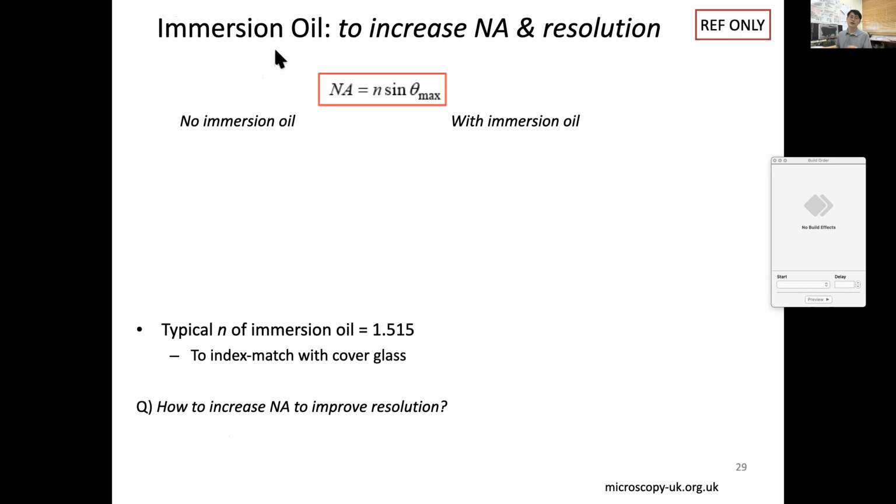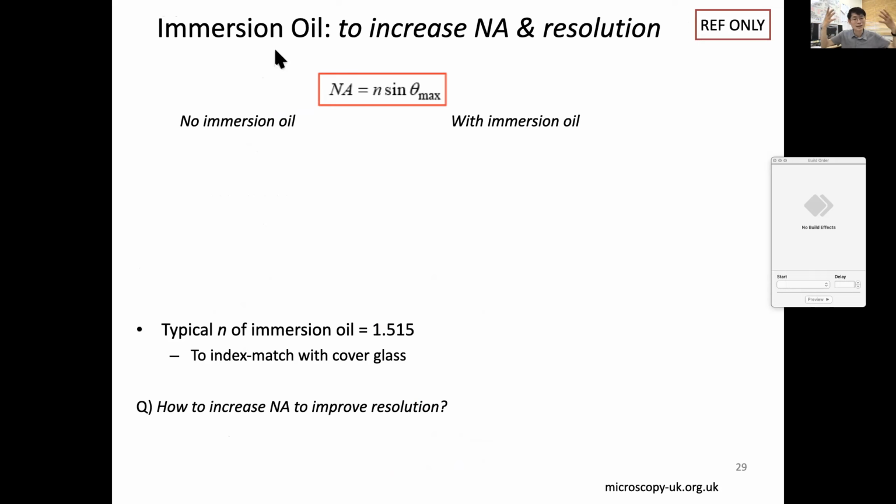So remember the formula, there's an n sine theta, and that n is the refractive index of this medium. And that is related to resolution. To increase NA, you have to increase n from 1 to an even bigger number. In air, the refractive index is 1.